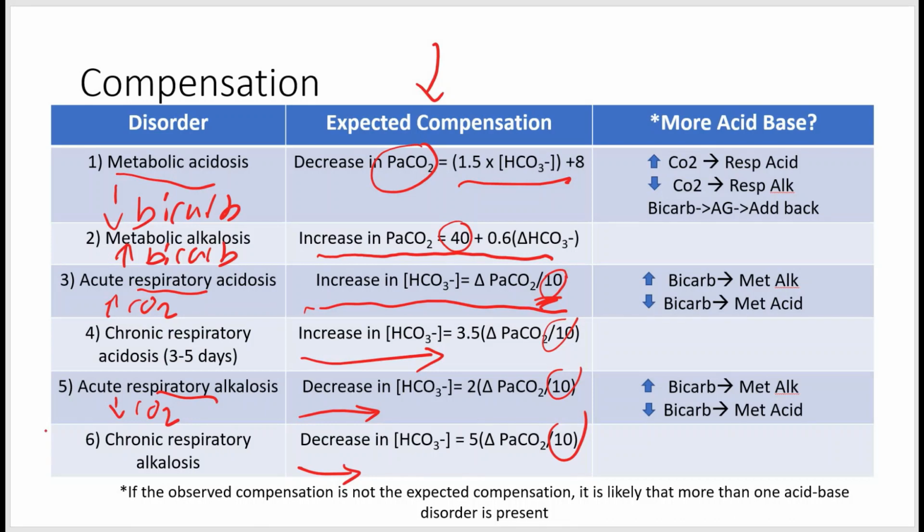In chronic respiratory acidosis, the increase in expected bicarb is delta CO2 divided by 10 times 3.5. In acute respiratory alkalosis, the expected decrease in bicarb is delta PaCO2 divided by 10 times 2.